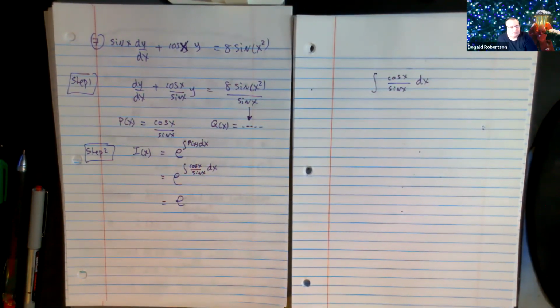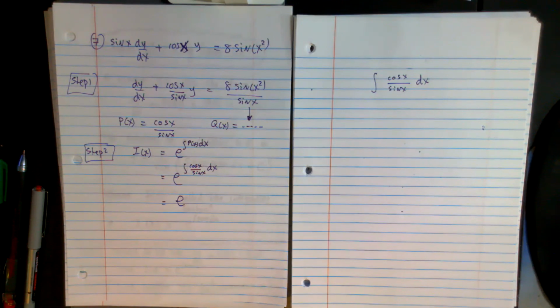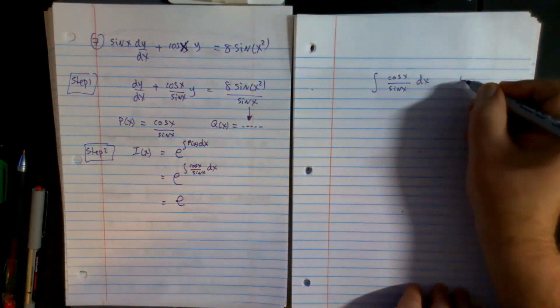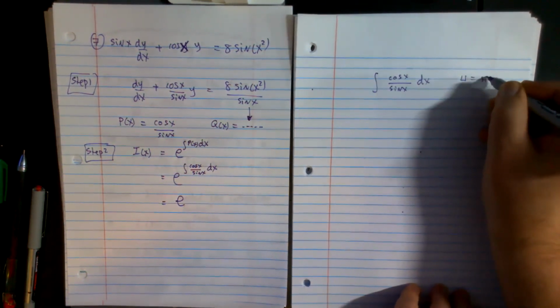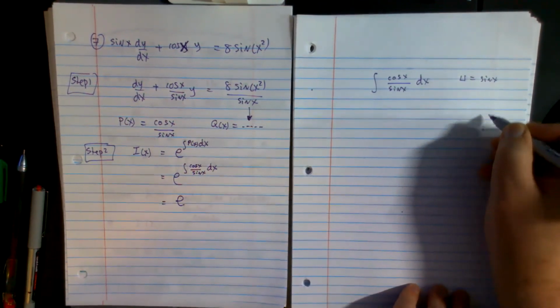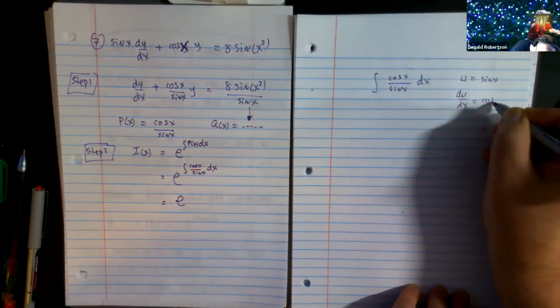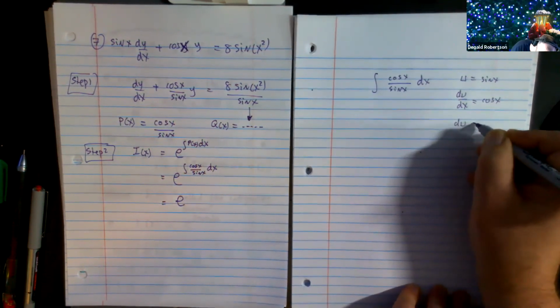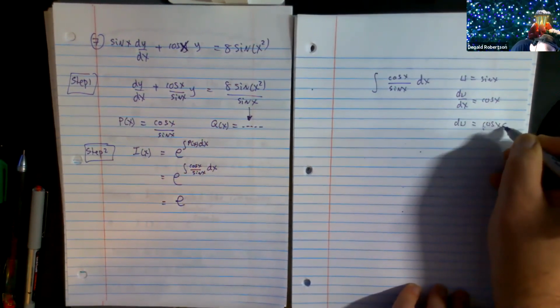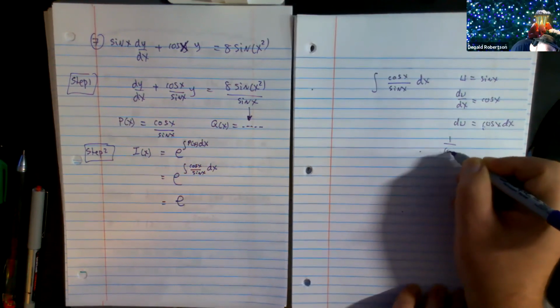What method do you think I'm going to use to integrate this guy? A U sub. Who's the U sub? Sine. Yeah. And that gets you, when you differentiate it, cosine, crossover, 1 over cosine x.